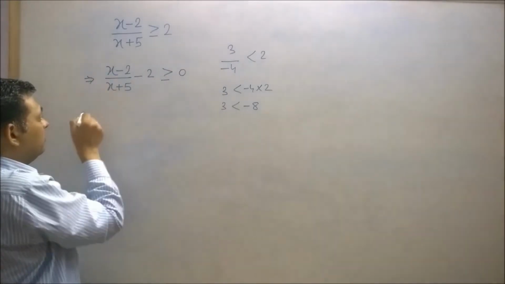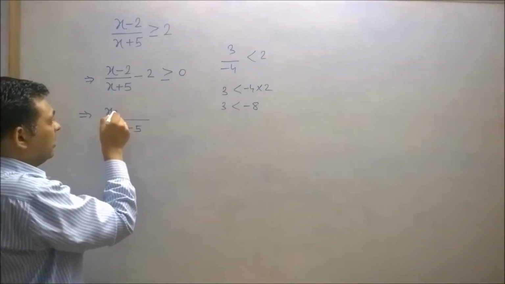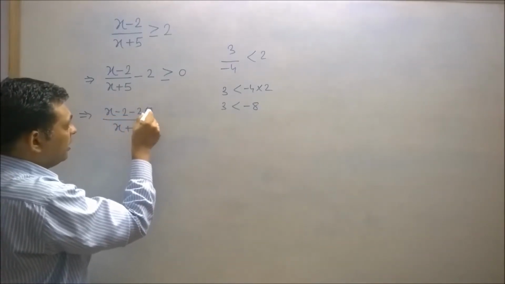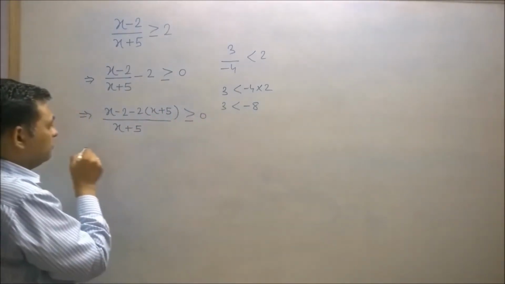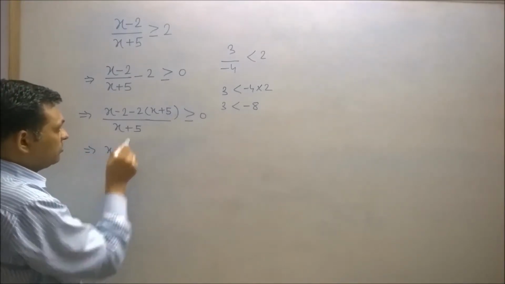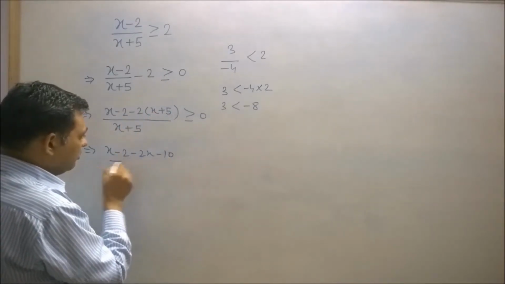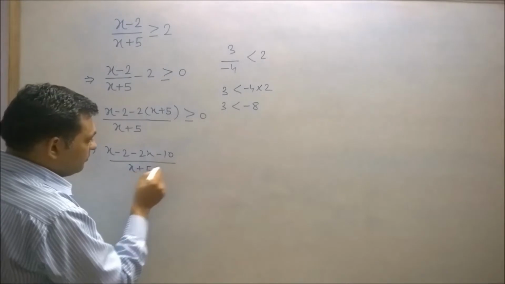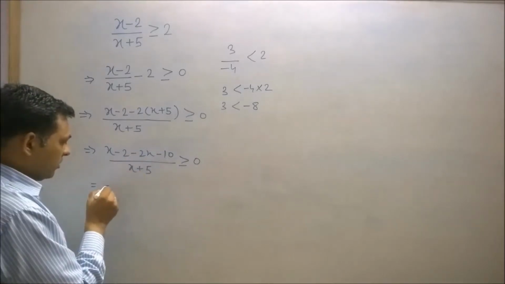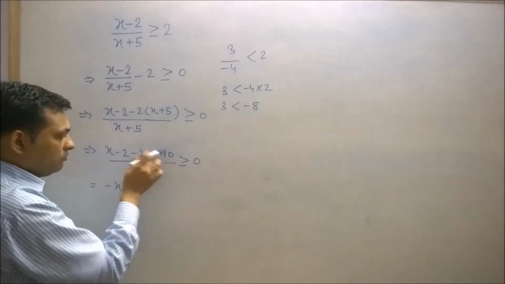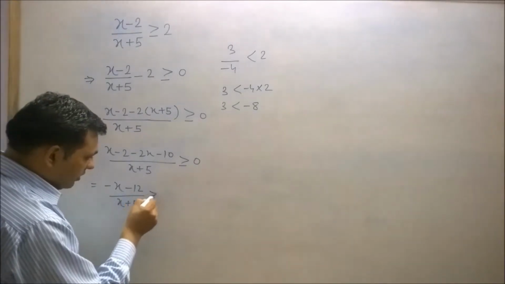By taking LCM, x + 5, (x - 2 - 2(x + 5))/(x + 5) is greater than or equal to 0. x - 2 - 2x - 10, that is -x - 12, over x + 5 is greater than or equal to 0.